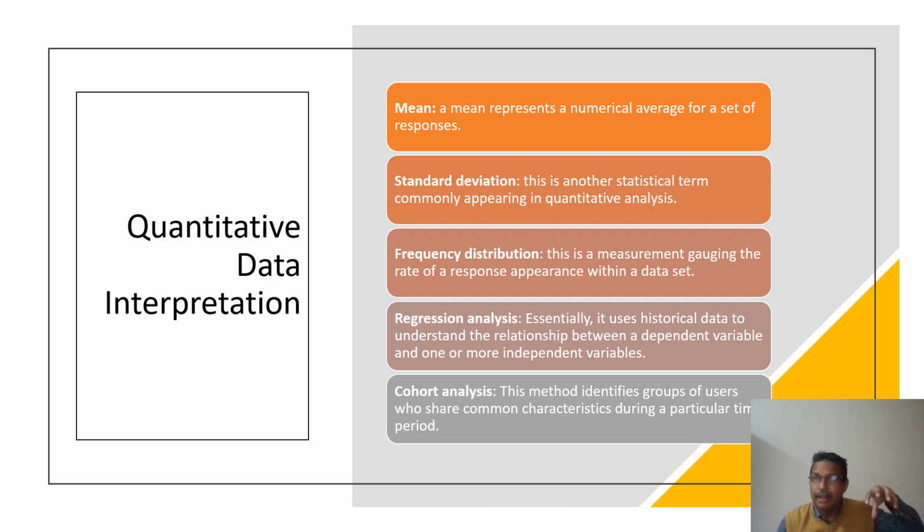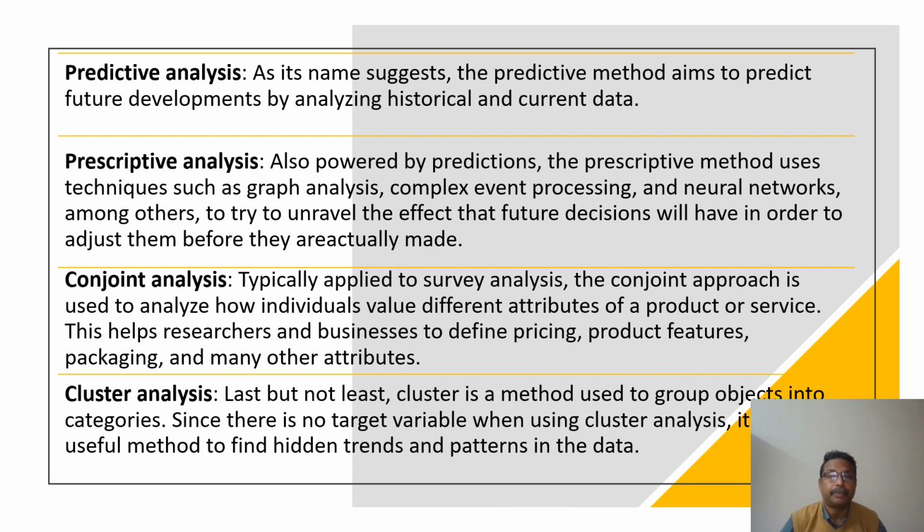A group of people would have predominant ideas. Another group of people would have another predominant idea. These two predominant ideas may coincide, may be in conflict with one another, or there might be slight variation here and there. So this is what quantitative data analysis or data interpretation will let us know.